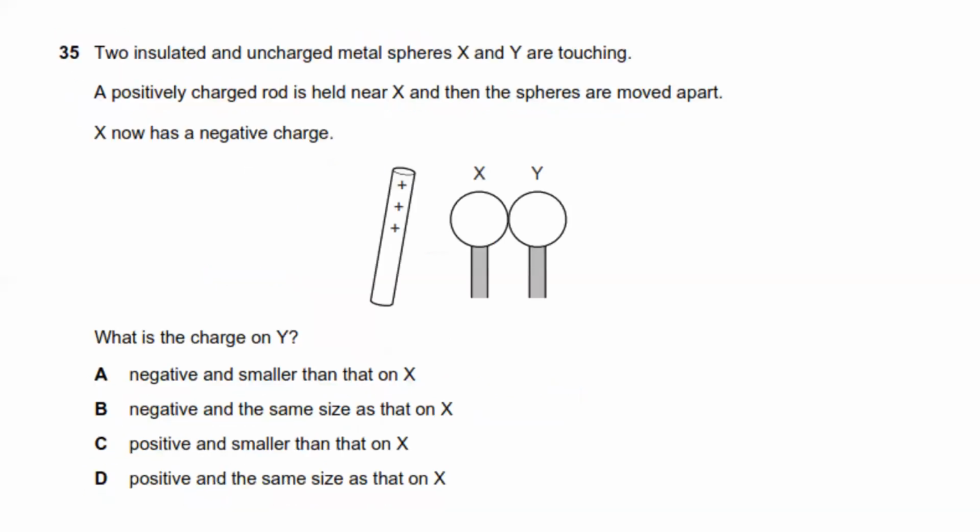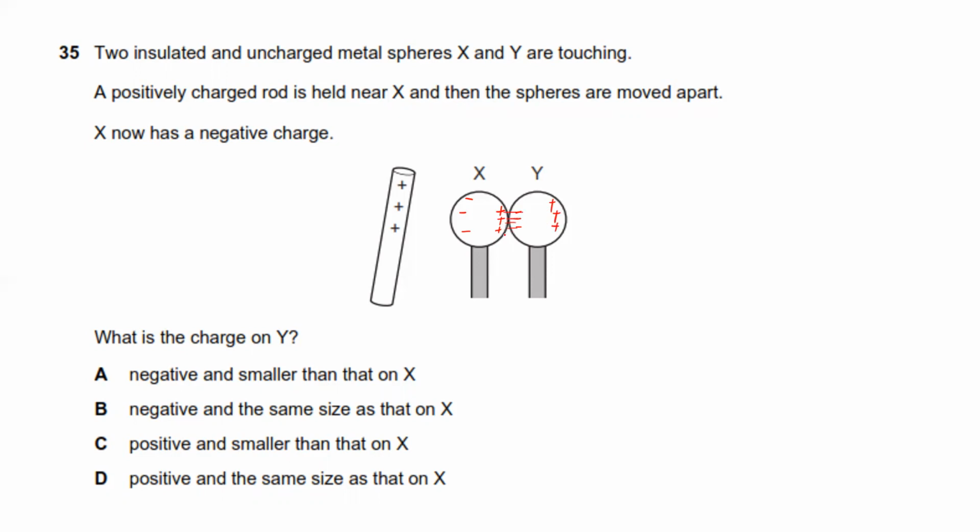Next question, question 35. It says two insulated and uncharged metal spheres X and Y are touching. The positively charged rod is held near X, and when the spheres are moved apart, X has a negative charge. So when these two spheres are touching, negative charges are here, positive charges are here, and positive charges are moved here.